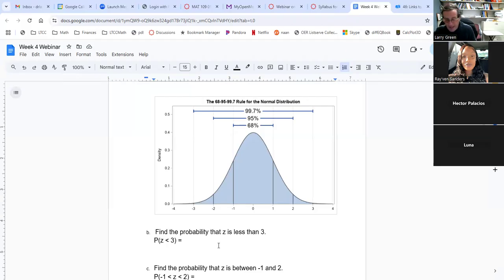So I can write that this is equal to the probability that -3 is less than Z is less than 3 plus the probability that Z is less than -3. Any questions on that so far?